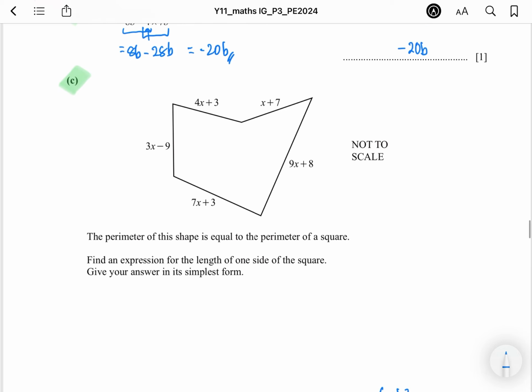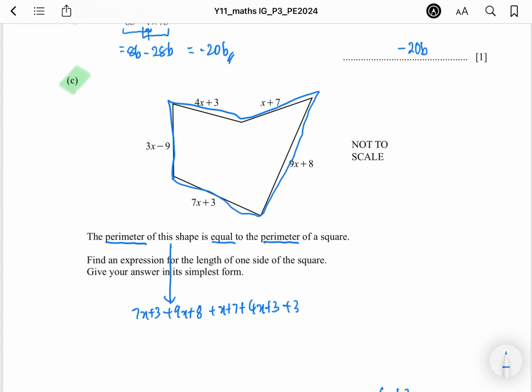Next one, part C. The perimeter of this shape is equal to the perimeter of a square. Alright, so perimeter means you add up all those sides. So for this shape, that's 7x plus 3 plus 9x plus 8 plus x plus 7 plus 4x plus 3 plus 3x minus 9 equal to the perimeter of a square.